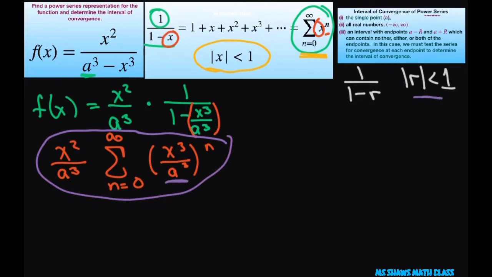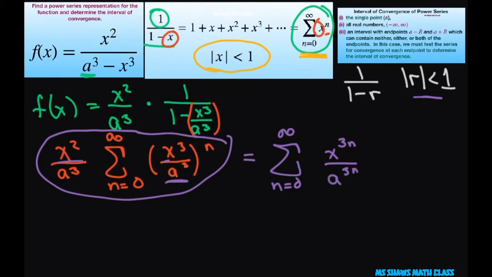But we can rewrite this as something more appropriate for summation notation. We're going to have the sum as n equals 0 to infinity. And let's go ahead and multiply this out. This is going to be x to the 3n, and the denominator is going to be a to the power of 3n.